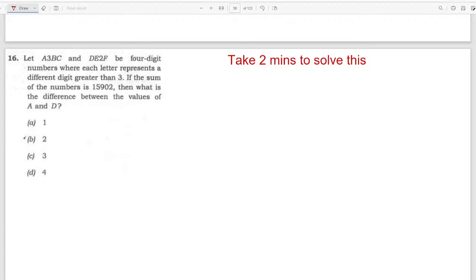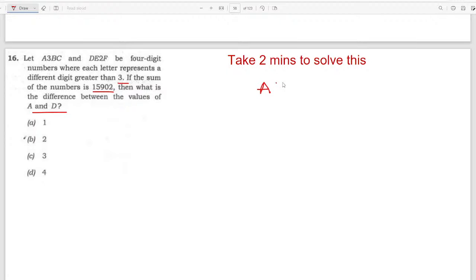So what they're saying is, let A3BC and DE2F be 4-digit numbers where each letter represents a different digit greater than 3. If the sum of the numbers is 15902, then what is the difference between the values A and D? We'll just represent it one below the other.